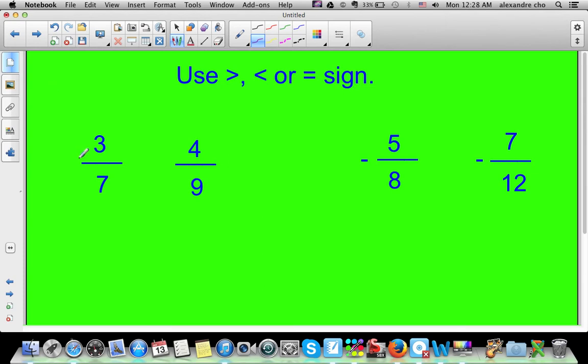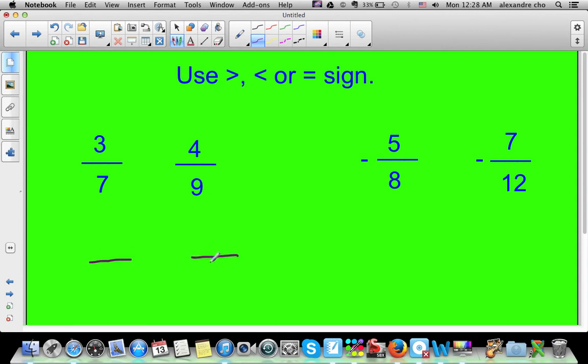Okay, what's my problem here with my two fractions? Well, the main problem is that they have different denominators. And having different denominators is very hard for me to compare. 3/7 or 4/9. I don't know which one is greater or smaller. So I would suggest you make a change.